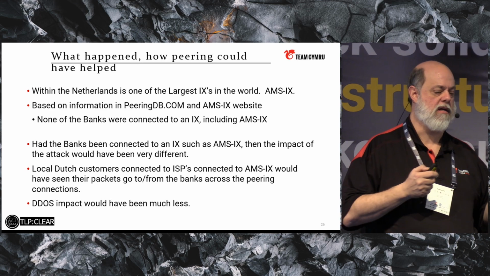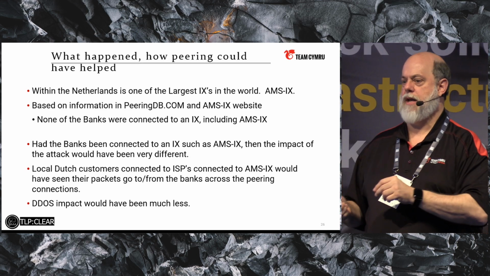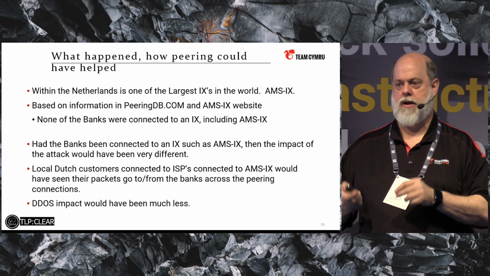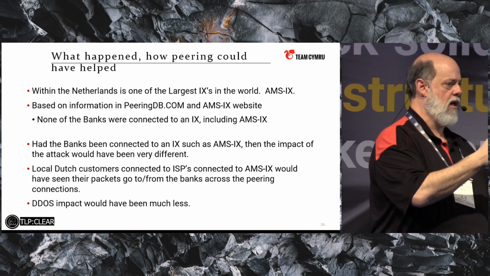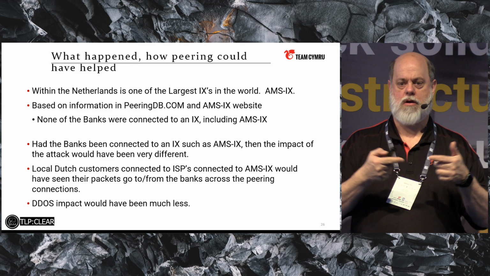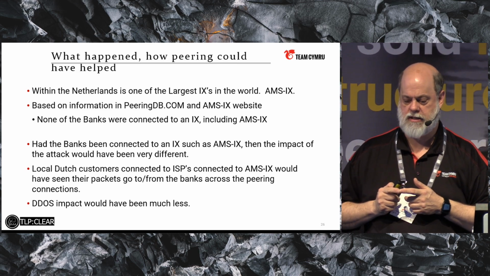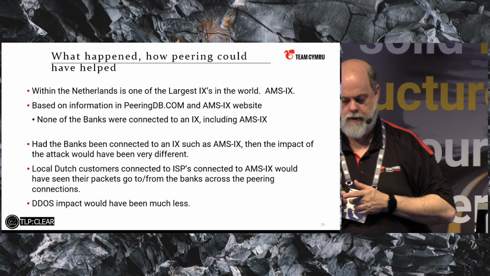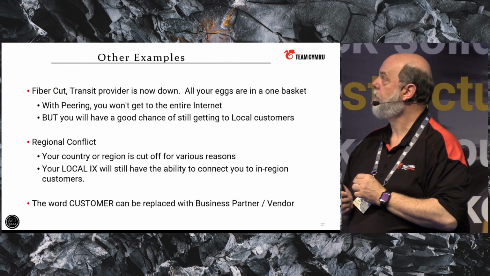Had those banks been connected to AMS-IX, I postulate that they would have had better customer service, better brand protection, and network resiliency with their fellow Dutch in-country customers, because that traffic could have gone across the exchange point as opposed to going across their transit links. I think the DDoS impact would have been much less.